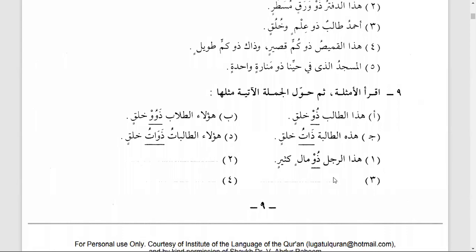So this woman has a lot of wealth. Normally, if it is without al, then we read it imratun. But when we have al, or when we connect it, the hamzatul wasl will be dropped completely. هذه المرأة ذات مال كثير.